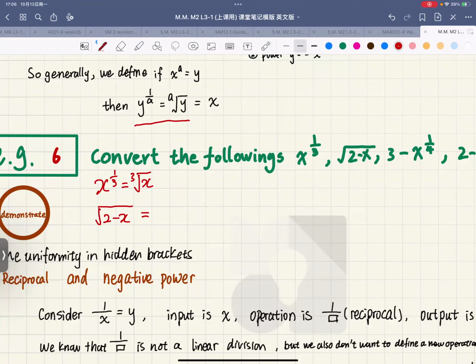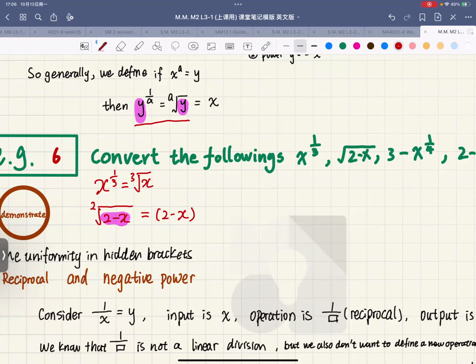Okay, basically, if you look here, the root of y, if we convert to that, y in this case is 2 minus x, so we'll just write 2 minus x. If we don't have any number here, basically it is a square root. That's a cube root, that's a square root.